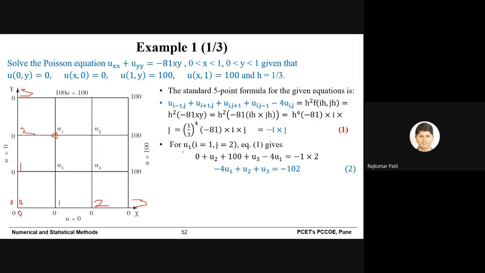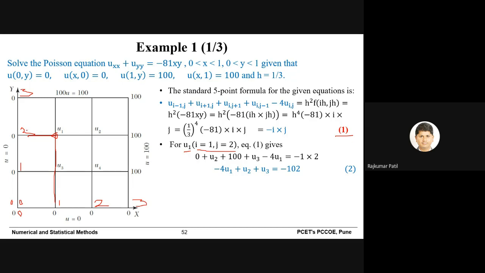Okay, so we will start deriving the equation for u1. We know that u1 has coordinate 1 and 2. So you can see in the bracket i equal to 1 and j equal to 2. Now we know the values i equal to 1, j equal to 2, then we will use equation number 1.